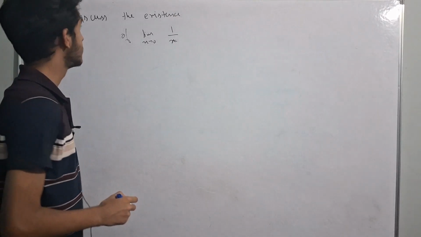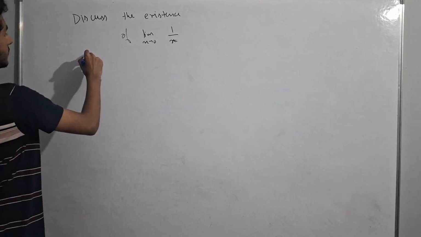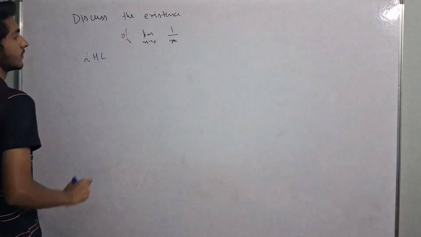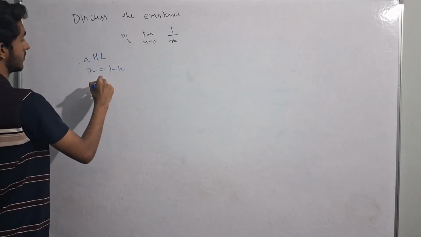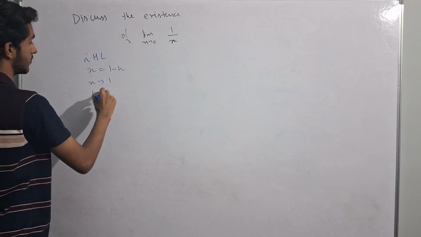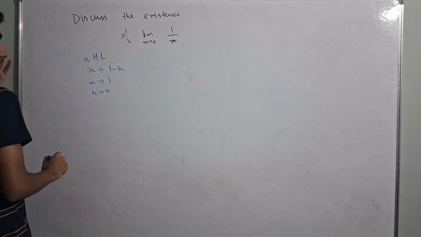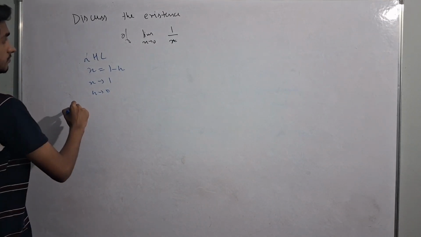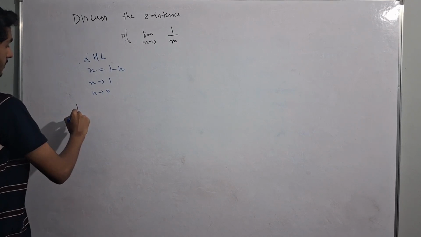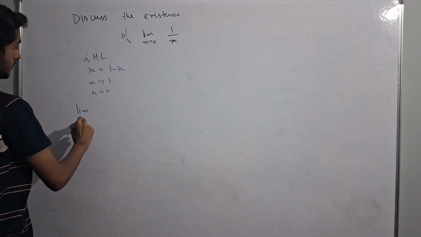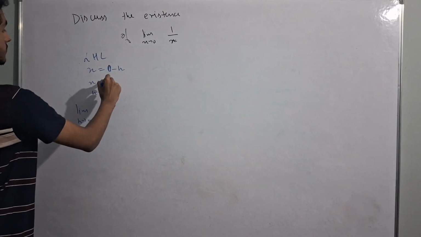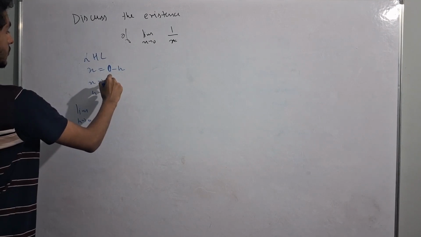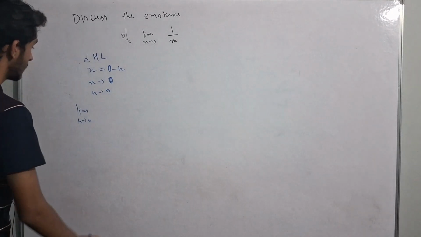Alright, so let's just start with the left hand limit. So we can do x is equal to 0 minus h, sorry. As x approaches 0, h approaches 0.